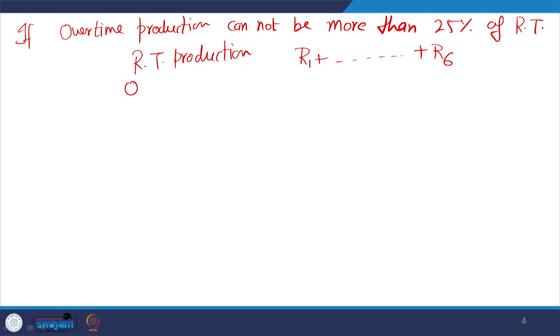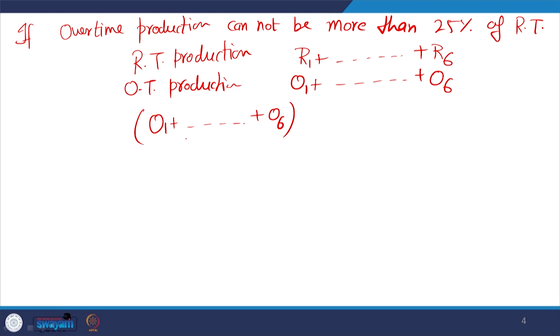Overtime production is O1 to O6. Now, with this constraint, your O1 to O6 should be less than or equal to 25%, that is 0.25 of R1 to R6. So, this is a constraint which the system may impose.